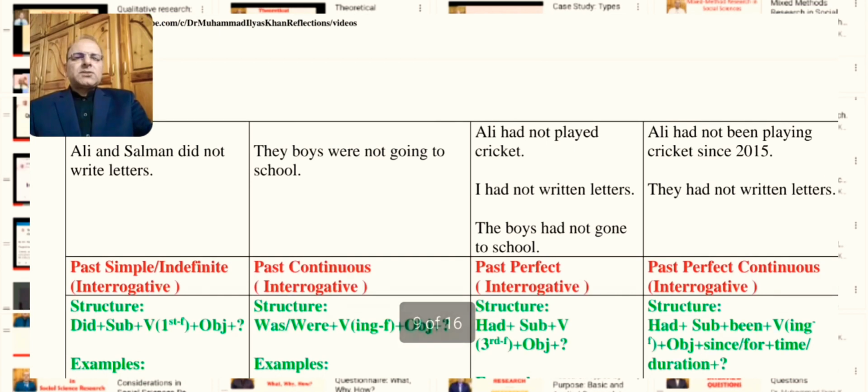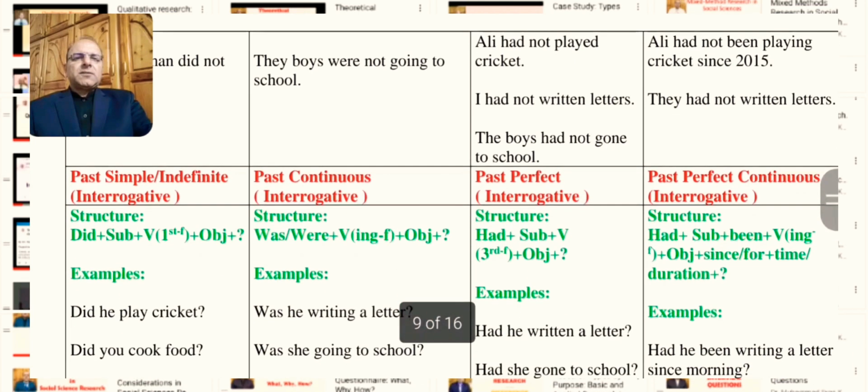Then the past simple indefinite, past continuous, past perfect, and past perfect continuous in interrogative form. So you can see that in the indefinite or simple form, did comes in the beginning plus subject plus verb first form, object, question mark.